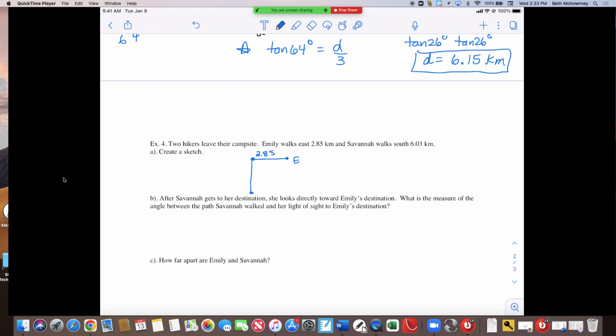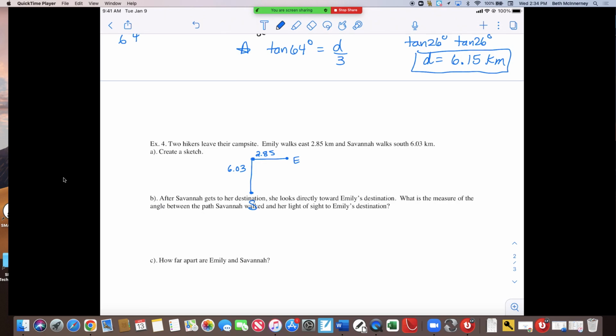Here's Savannah is 6.03. Here's a sketch. So east is to the right, north is up, west is left, and south is down. In case you never learned, what is it? Never eat soggy waffles or something like that.